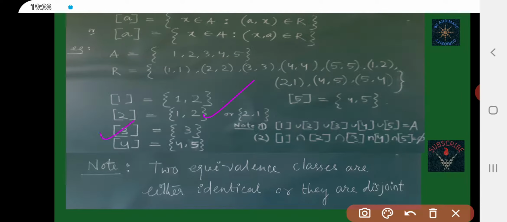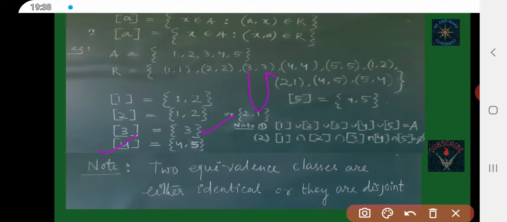Now you find the equivalence class of 3. So the set of all elements related to 3, you see 3 is related to 3, okay, or any other ordered pair? No. So the set is {3}.